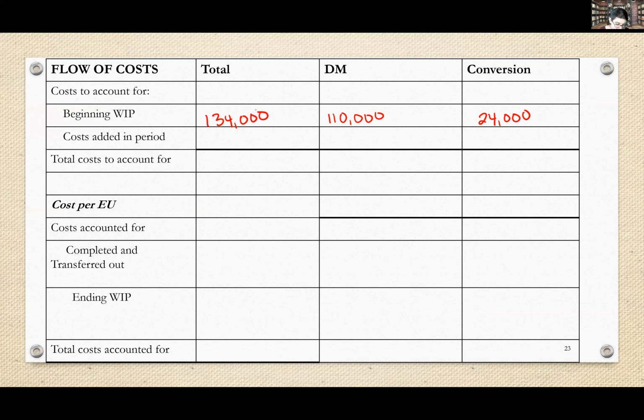Then we added 2,298,000 costs during the period. Of the costs that we added, 1,730,000 was direct materials, that cream and that salt, and 568,000 was the direct labor and manufacturing overhead, so our conversion cost. I'm going to add these together, so I have a total of 2,432,000 to account for.